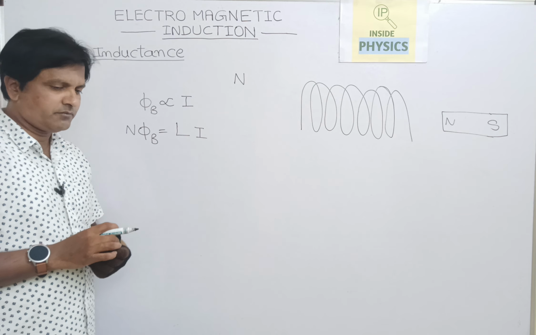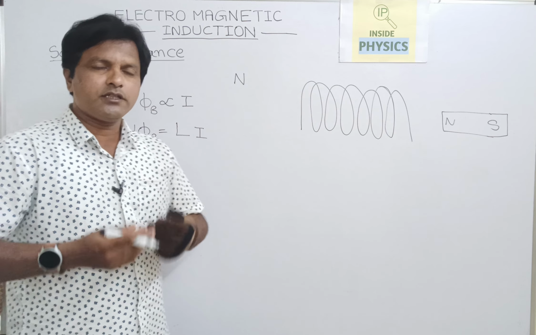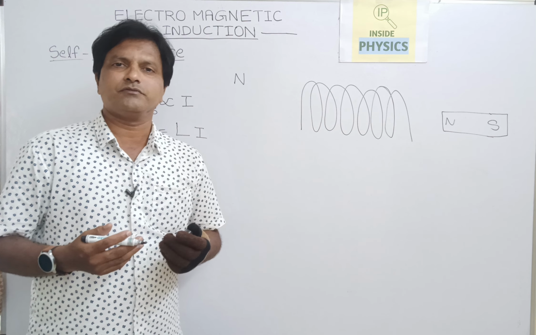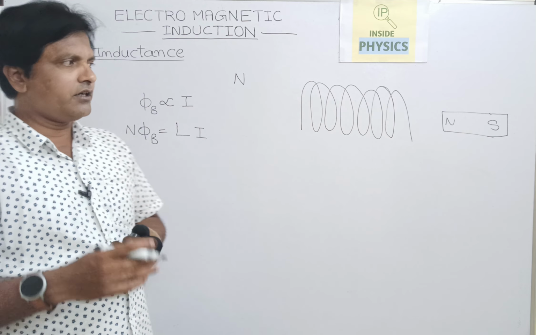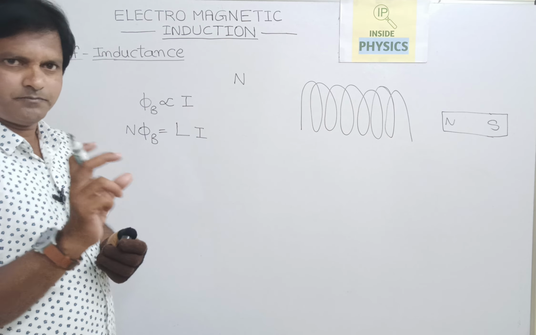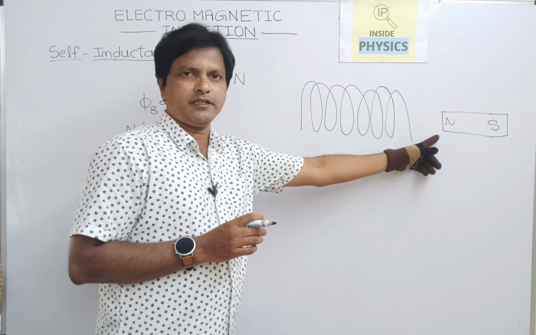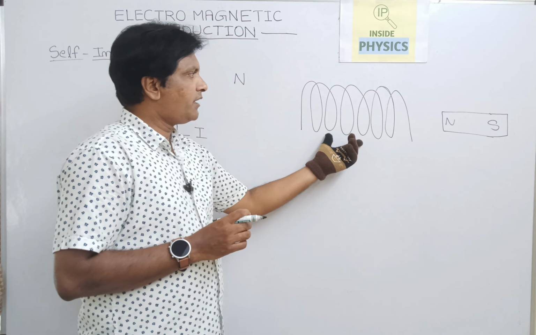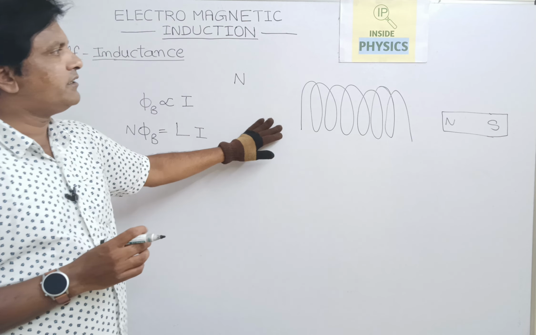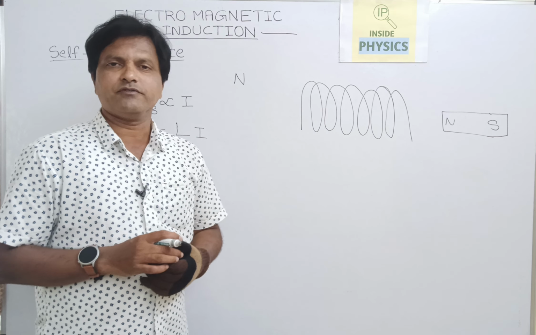Self-induction means it is inducing the EMF by itself. It is having an EMF in the coil because of the varying magnetic field, and the varying magnetic field will be producing an EMF.